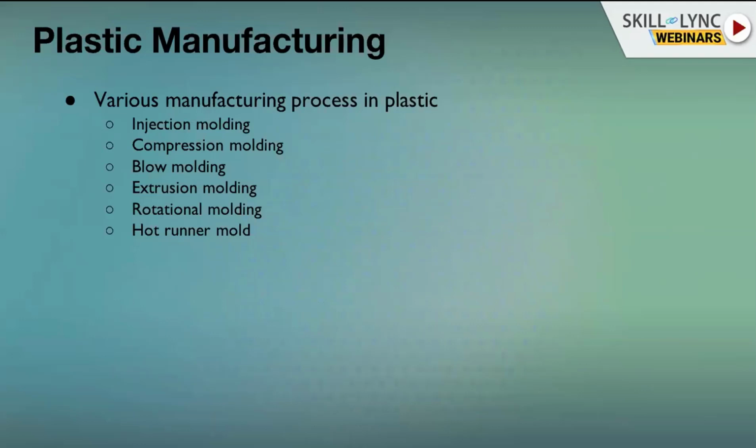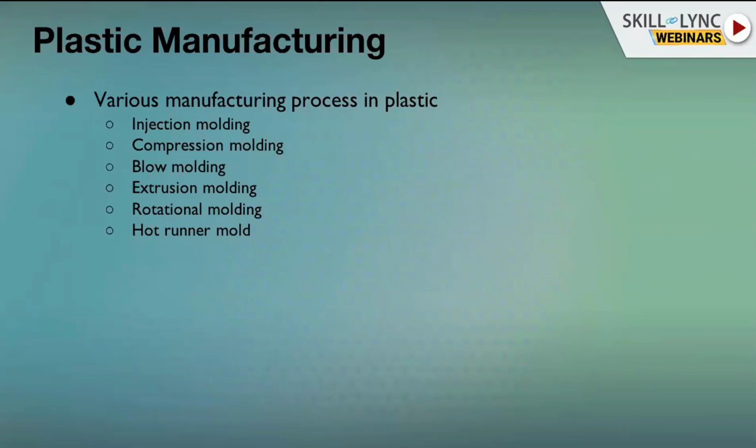So we have just come to know which kinds of materials are used in industries and their uses. The next thing is the manufacturing process, how the physical plastic part you get is manufactured.